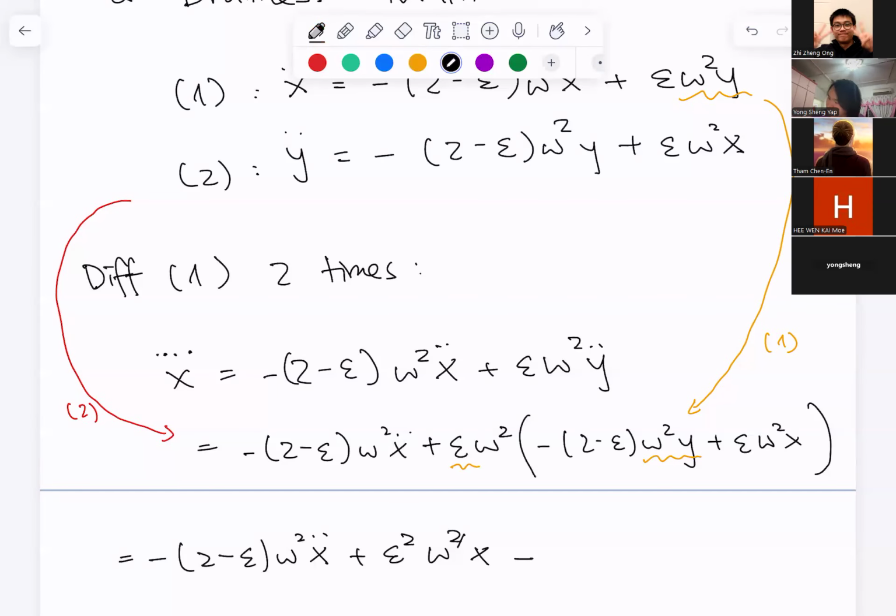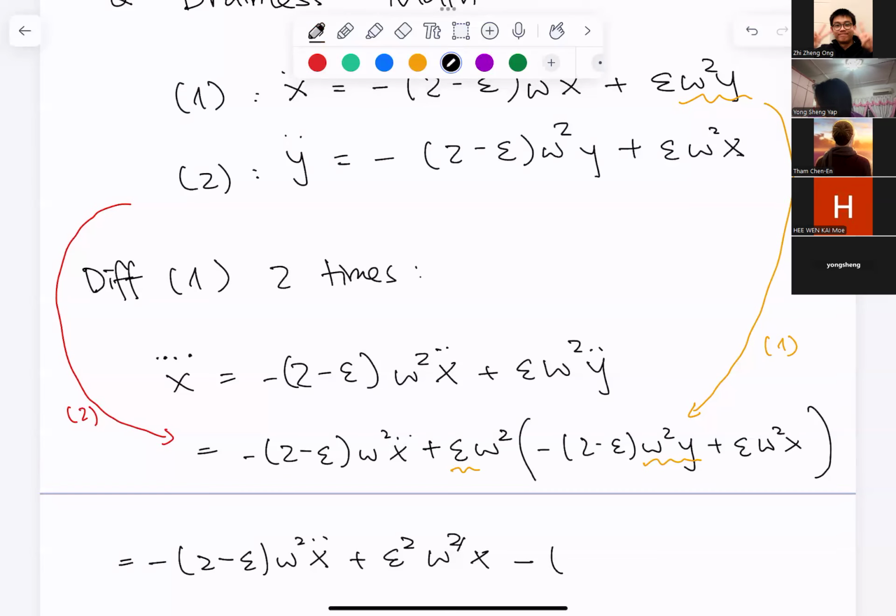And then you have, okay, so this is -2 minus epsilon omega squared. And then, so these are these guys. -2 minus epsilon omega squared.